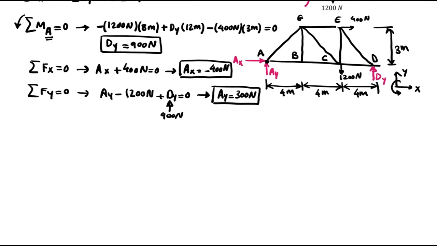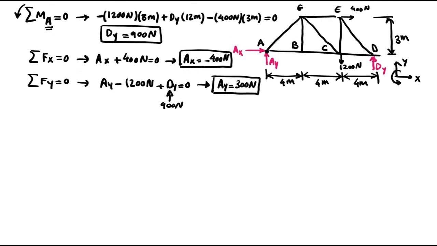So I'm going to draw the free body diagram of the left part. This is joint E, joint G, joint A, joint B, and joint C. And this was my cut.